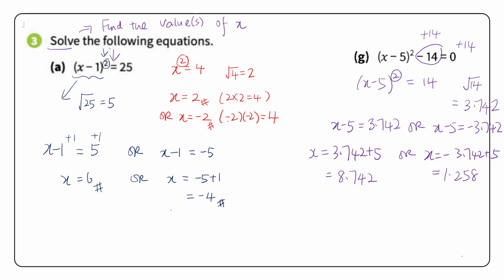And you express your answer to three significant figures, so it's 8.74 or 1.26. All right, so this is how we do 3G.